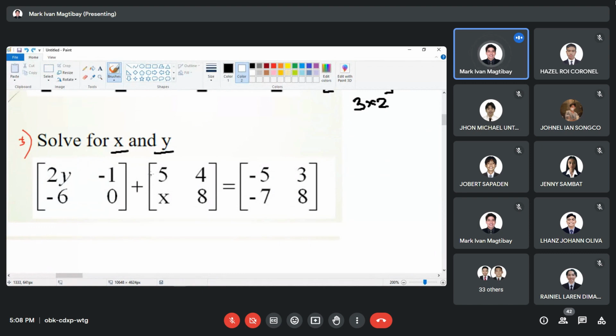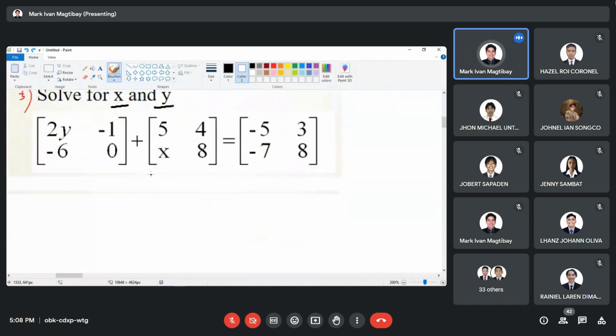So, unahin muna po natin si y. So, at A11, for y, ang magiging solution po natin is 2y plus 5 is equals to -5 po. Okay? So, simple transposition lang po.